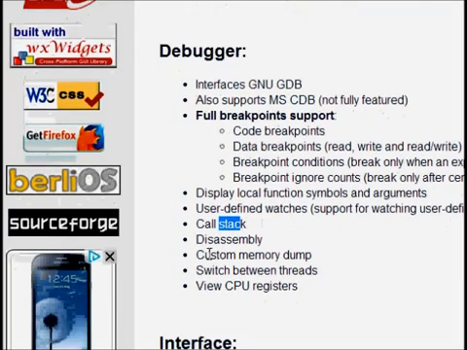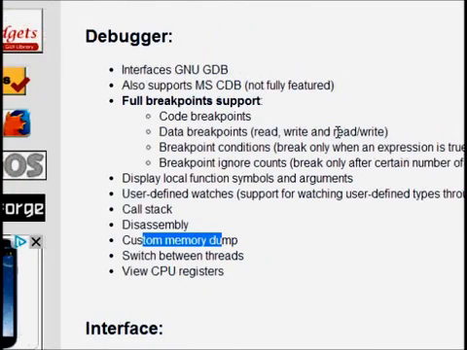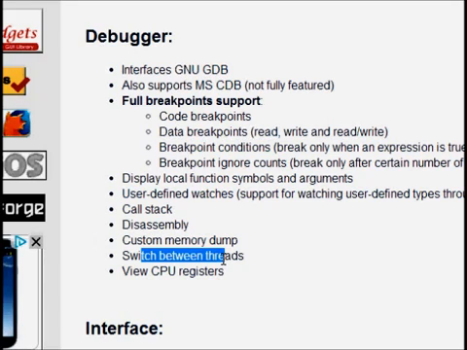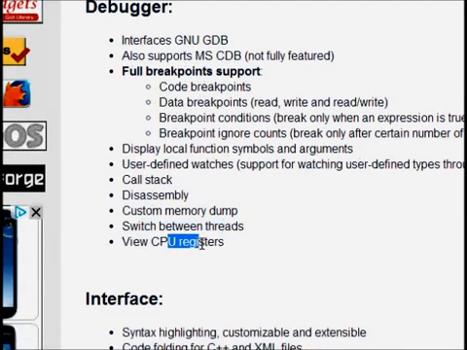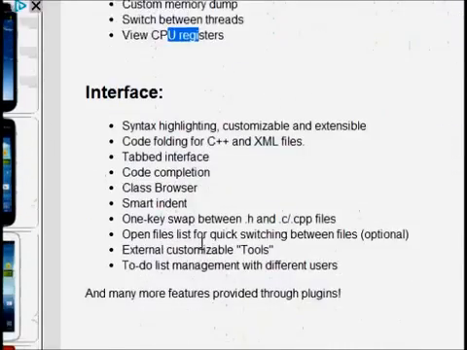You can see the call stack, how the functions are being called. Then disassembly and memory dump: what the memory was when the code was running, and the status of the different variables. You can switch between threads if your code has multiple threads.